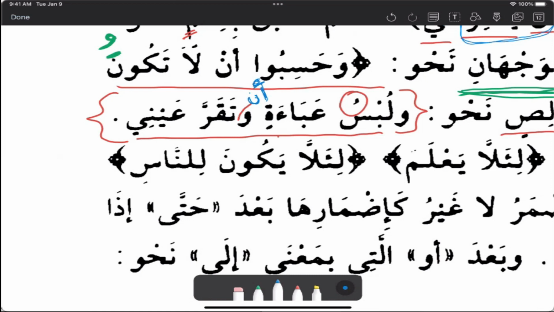So, and taqarra together means the masdar, so it means to the effect of, and the wearing of an abaya, and the pleasing of my eye, and the delight of my eye.